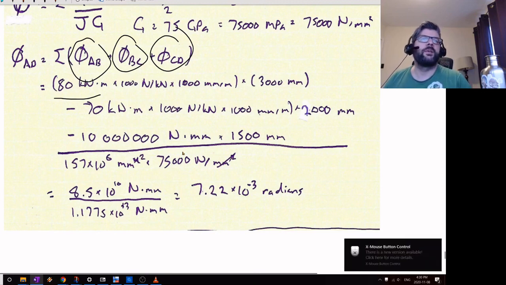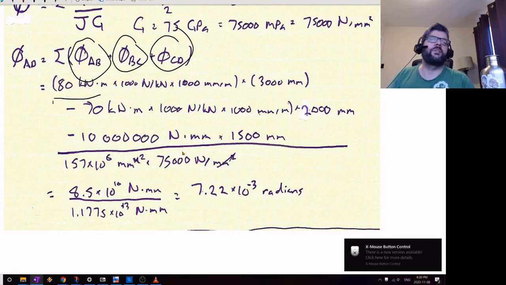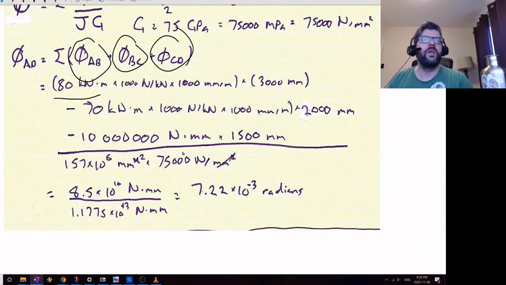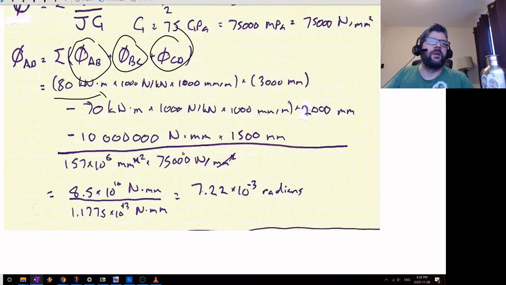So we have 80 kilonewton meters times 3,000 millimeters, minus 70 kilonewton meters times 1,000 times 2,000 millimeters, since it was a 2-meter section, and then minus 10.